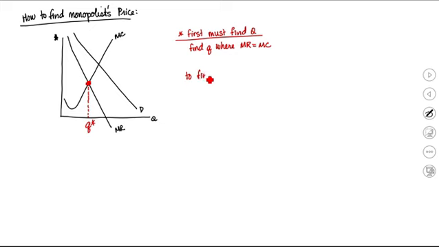And then to find price, let's think about what we have to do. I have output. Where do I go on a graph if I want to map together P and Q? What curve on a graph have we been studying all semester long that maps together price and quantity?